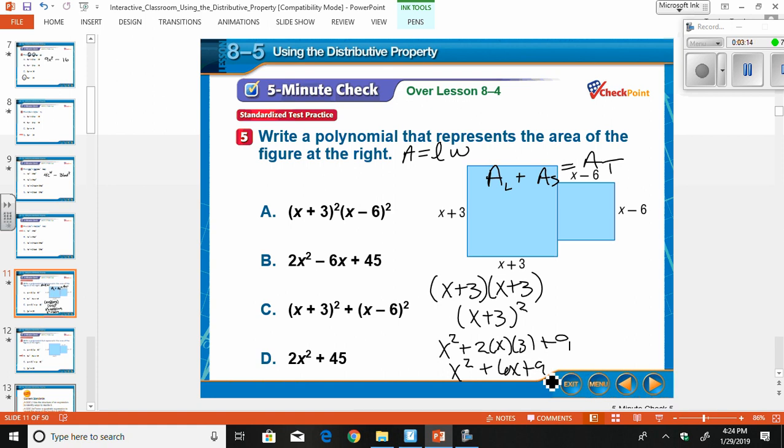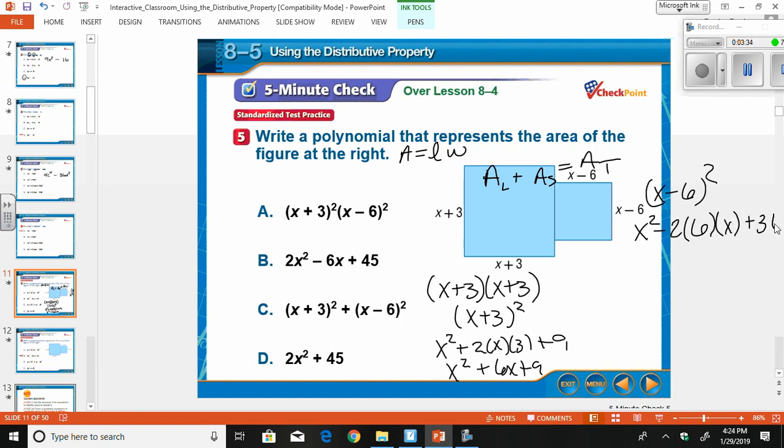And on the small one, it's just like that, x minus 6 and x minus 6. So that's (x minus 6) quantity squared, or x squared minus 2 times 6, not negative 6, 2 times 6 times x plus 36.